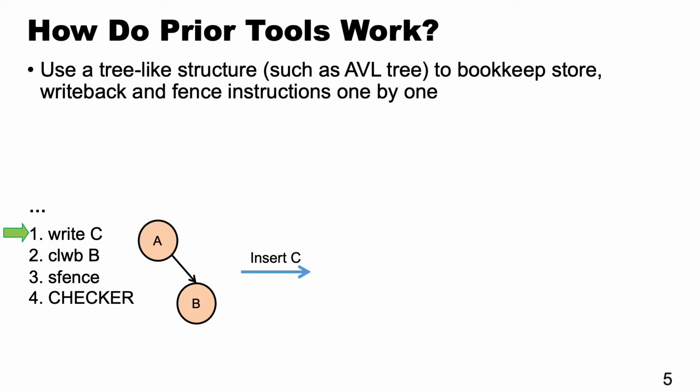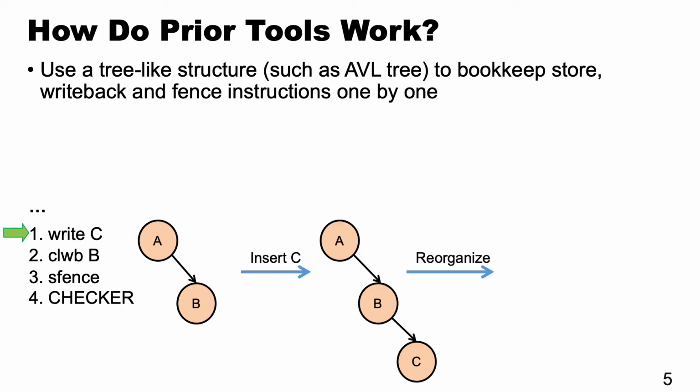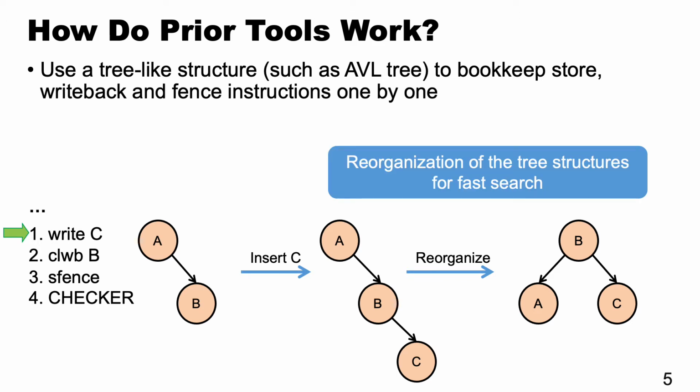When debugging tools encounter a write to C, they record the related location information such as address and size and insert this information into the tree. Then they reorganize the tree to rebalance it. The tree reorganization is in order to get faster search.